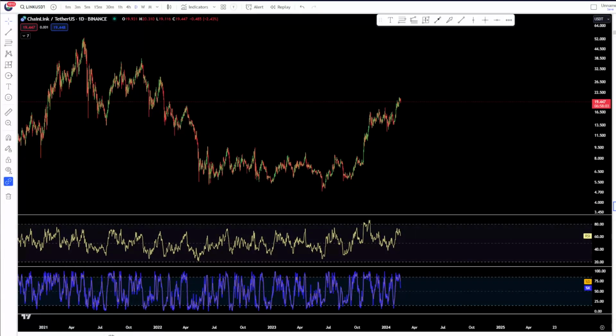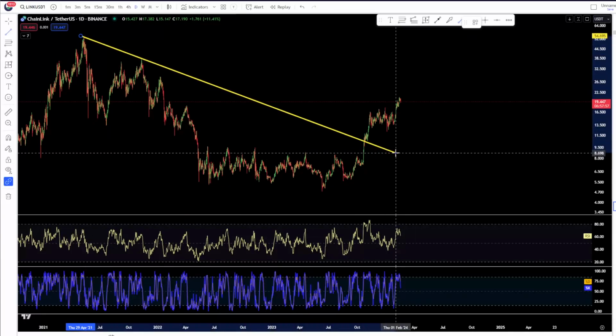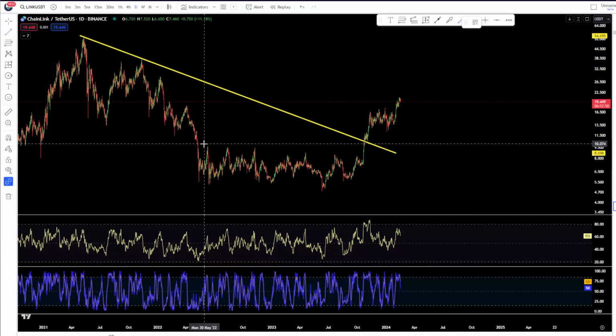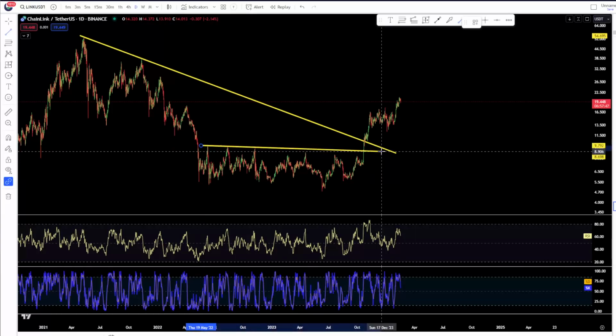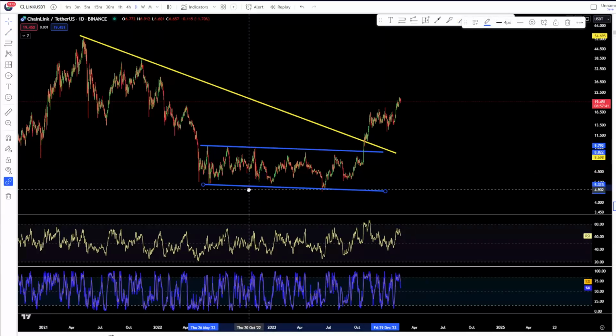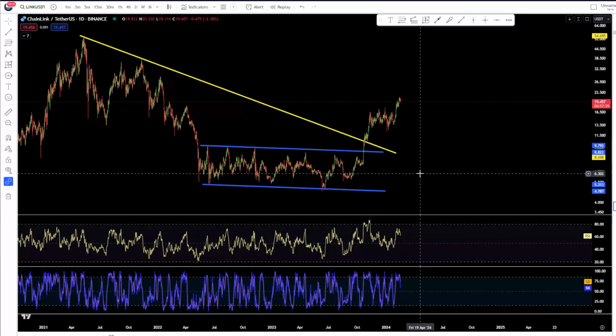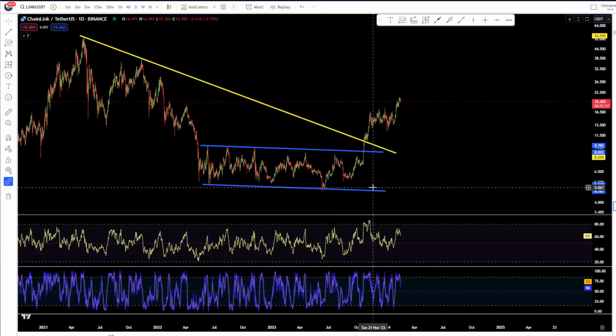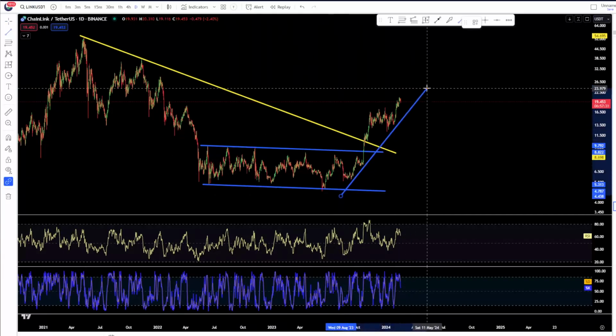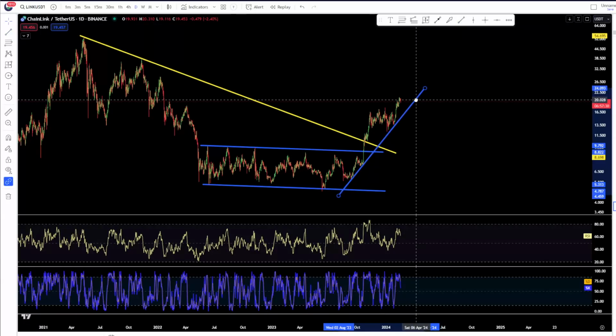The last one in today's list is the LINK chart in the USDT pair. We will start by defining the main downward trend with the yellow line. Then it is worth defining in blue the downward trend channel, which gave a dynamic upward trend for the price, which allowed the price to overcome the main downward trend, while creating a dynamic upward trend line.